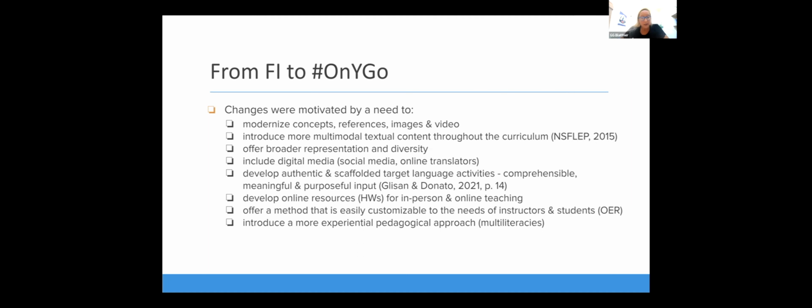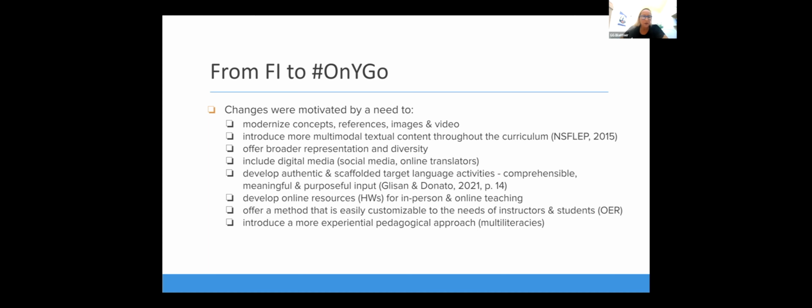We wanted to develop authentic, scaffolded target language activities that offer comprehensible, meaningful, and purposeful input to our students. We also wanted to develop online resources for in-person and online teaching. The FI method does not really allow for online teaching, or it doesn't make it easy, let's say. So we wanted to make sure that our method offered access to multimodal teaching.